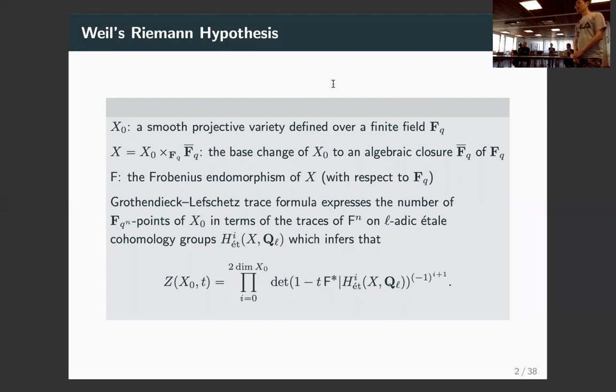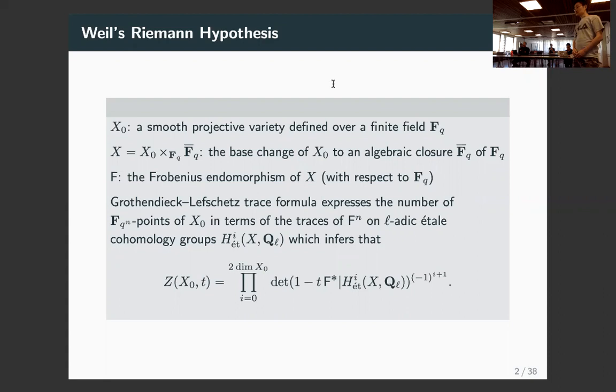Then by the Grothendieck-Lefschetz trace formula, we know the number of F_q points of this variety can be written in terms of the alternating sum of traces of F^m, the mth iterate of Frobenius, acting on étale cohomology.